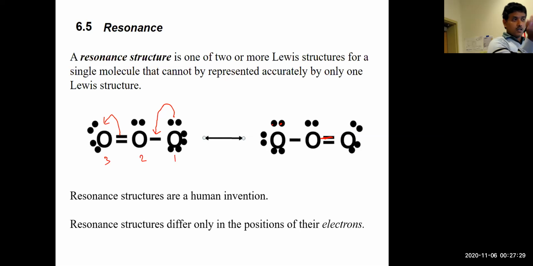Just for the definition, a resonance structure is one of 2 or more Lewis structures of a single molecule that cannot be represented accurately by one Lewis structure. Something like this you cannot accurately represent because you cannot identify which atom is which.